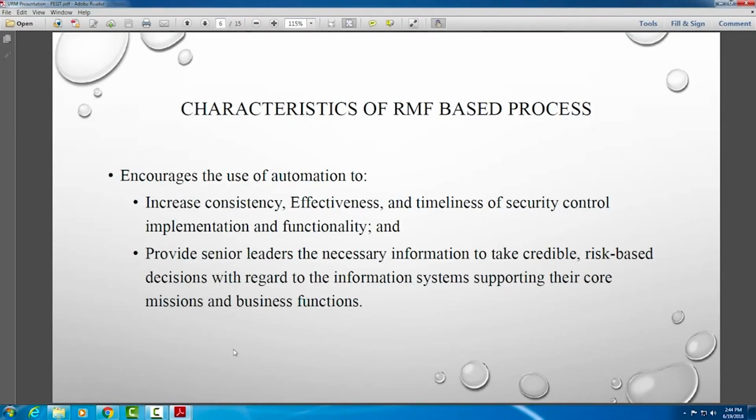So these are the main characteristics of this risk-based approach. And if you use this, it also encourages the use of automation to increase the consistency, effectiveness and timeliness of security control implementation and functionality.